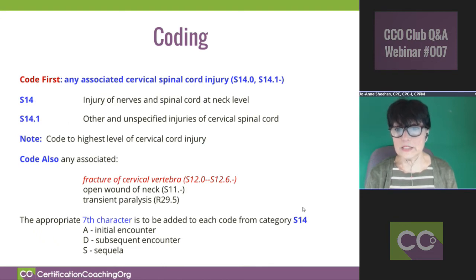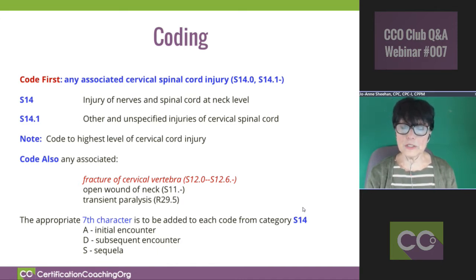So when it's telling us to code the S14.0 to S14.1, the S14 means injuries of nerves and spinal cord at the neck level. The S14.1 is other and unspecified injuries of the cervical spinal cord. And note, you want to code to the highest level of cervical cord injury, and you want to also code the fracture of the cervical vertebra, S12.0 to S12.6, not open wound of the neck and not transient paralysis.